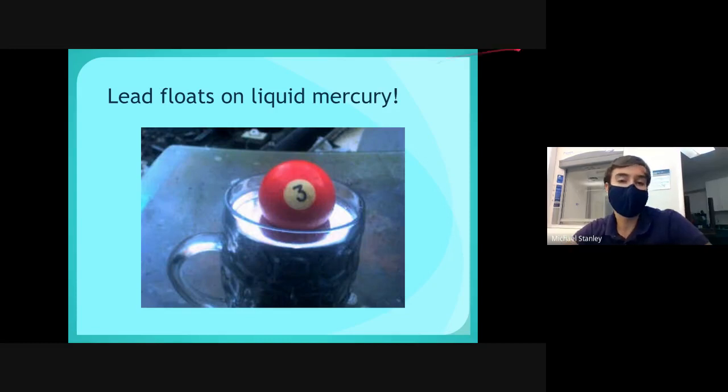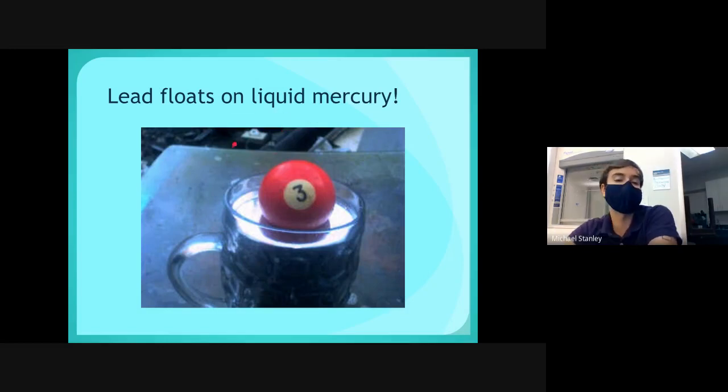The mercury is more dense than the lead or the iron or other stuff that is lighter. If you could find something that had a higher density than mercury, I can't remember, I think gold is more dense than mercury.